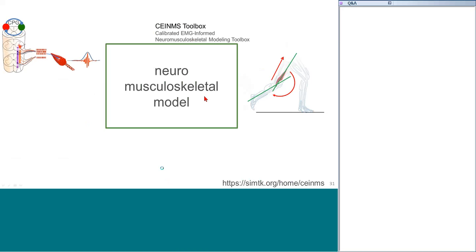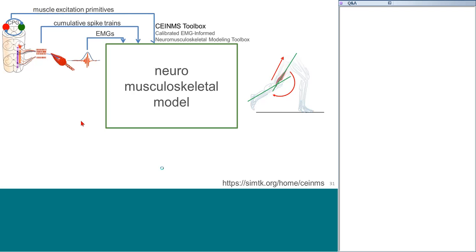And as I showed in the presentation, the toolbox is able to use estimates of the neural excitations reflecting the neural drive at different levels in the neuromuscular pathway. And the toolbox allows choosing different operation modes for the underlying model.